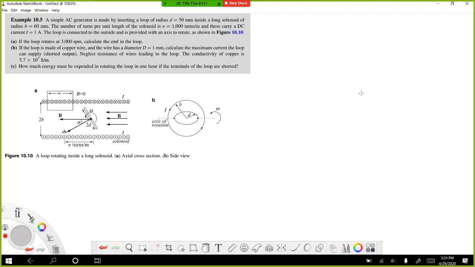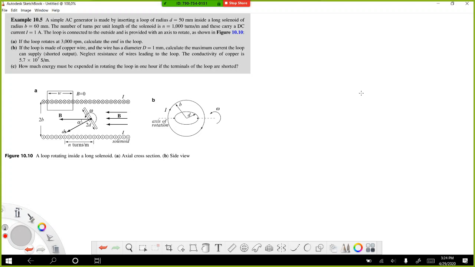The loop is connected to the outside and provided with an axis to rotate as shown in figure 10.10. First, if the loop rotates at 300 rotations per minute, calculate the electromotive force in the loop.